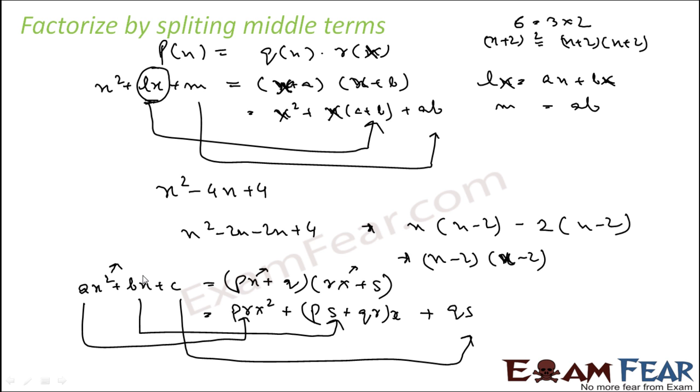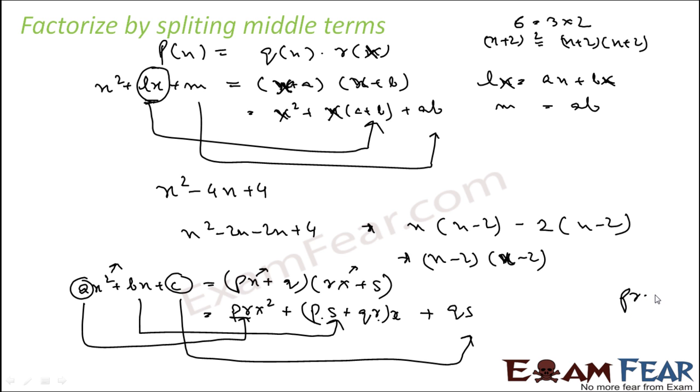Now you see here also b is nothing but sum of two numbers whose product is ac. b is nothing but, if you see, ps plus qr, right? And if you see, c is nothing but qs. If you multiply these two numbers, so you get what? pr into qs.